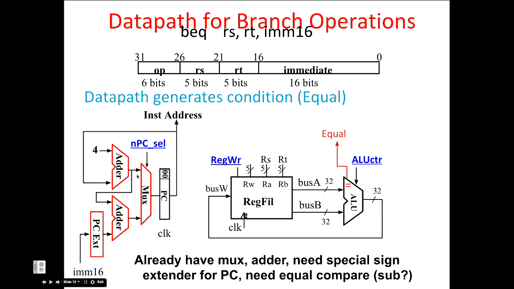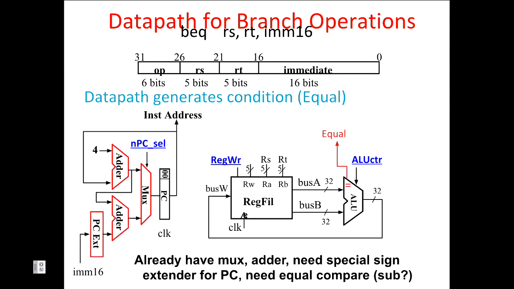So this mux's first option is PC plus 4. The other option is PC plus 4 plus the new PC offset, added to PC plus 4. Those are the two options here. So for npc select, we'll have to introduce a new control signal that's able to choose between either one of these two ways to update PC.